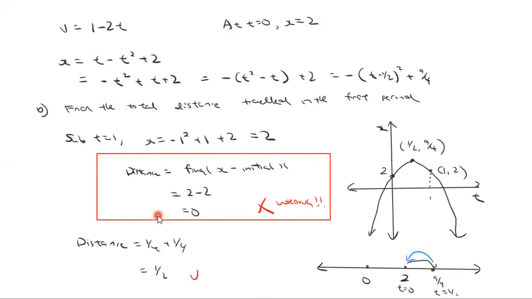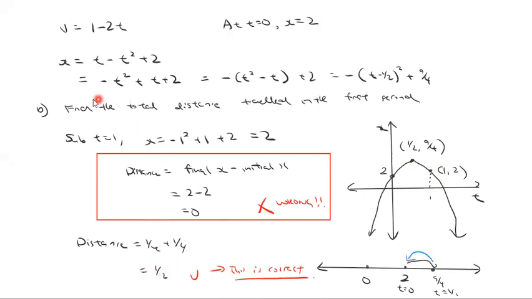This is correct. I'm showing you that by drawing out this curve, rather than just subbing in numbers, to see that you're going from 2 to 2.25 and back to 2.